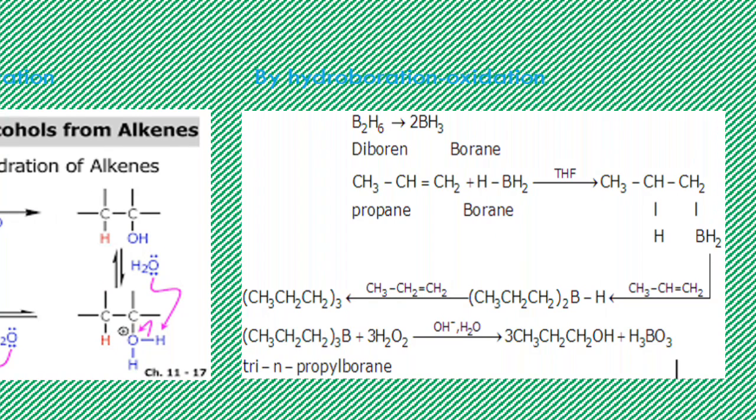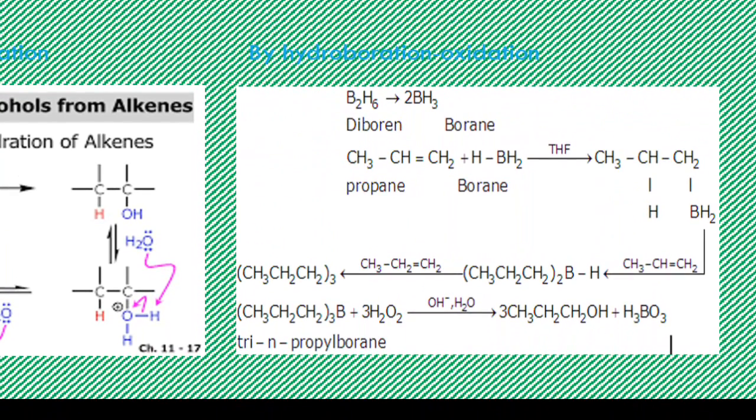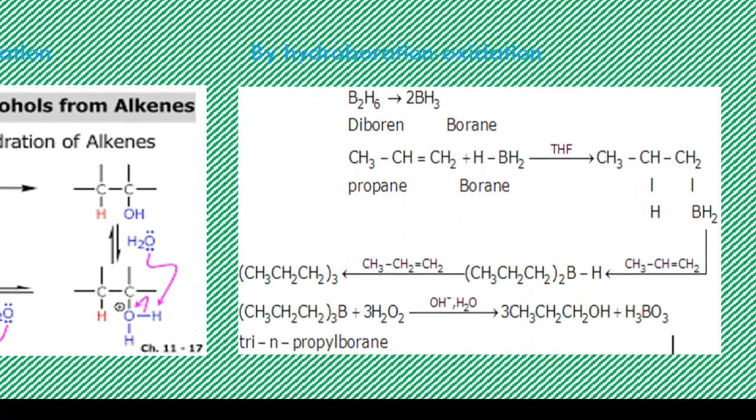tetrahydrofuran, what you will find is that the borane molecule is attached to the site of the unsaturation as per anti-Markovnikov rule. That is, the positive portion is attached to the carbon atom having a lesser number of hydrogens attached, and the negative portion, that is BH2, is attached to the carbon atom having more hydrogens attached there.